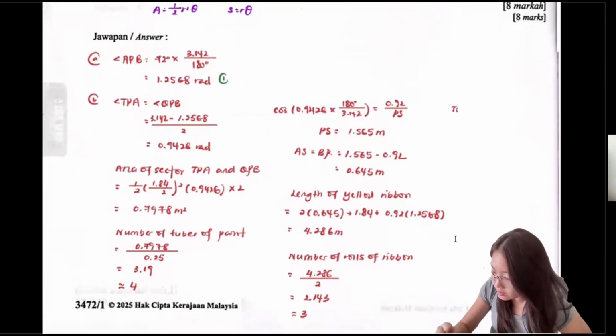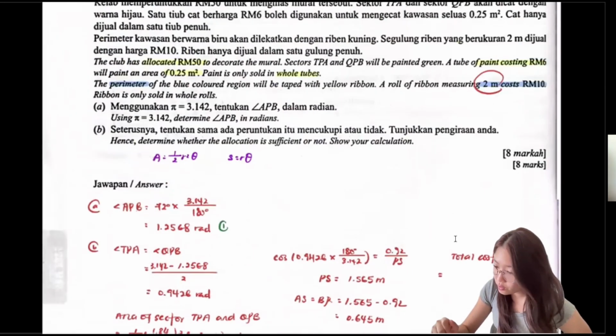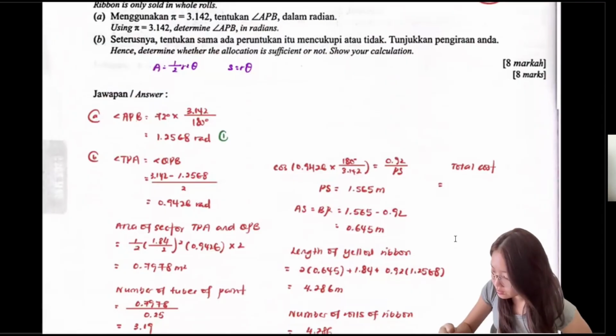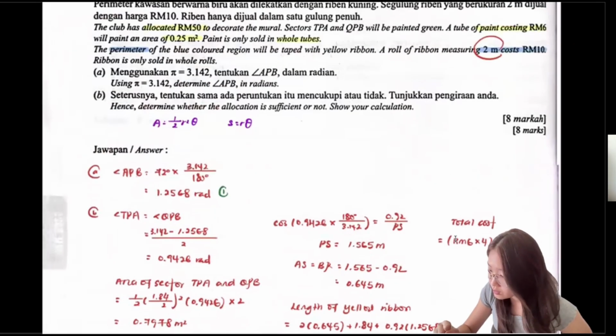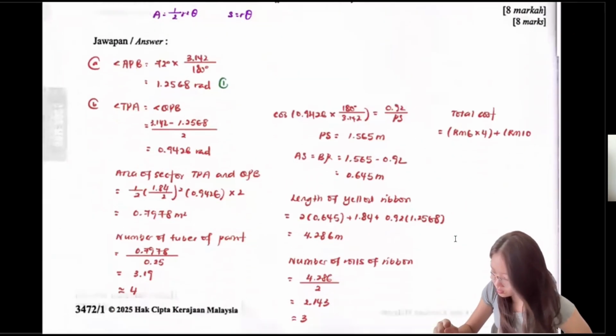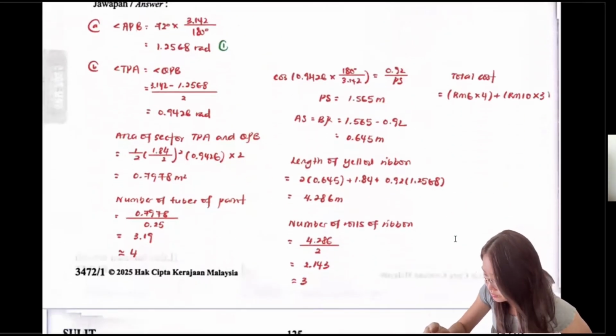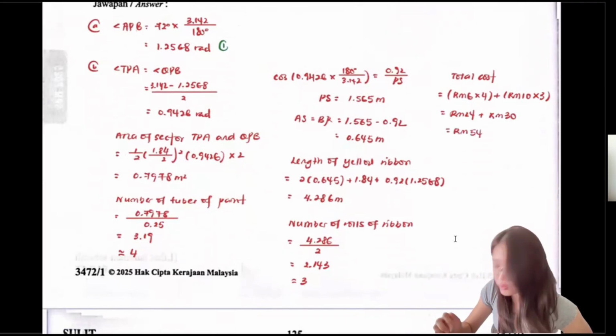Then we calculate the total cost. 4 tubes of paint, 1 tube is 6 ringgit, so 6 ringgit times 4, plus ribbon, 10 ringgit times 3. So 24 plus 30, total 54 ringgit.